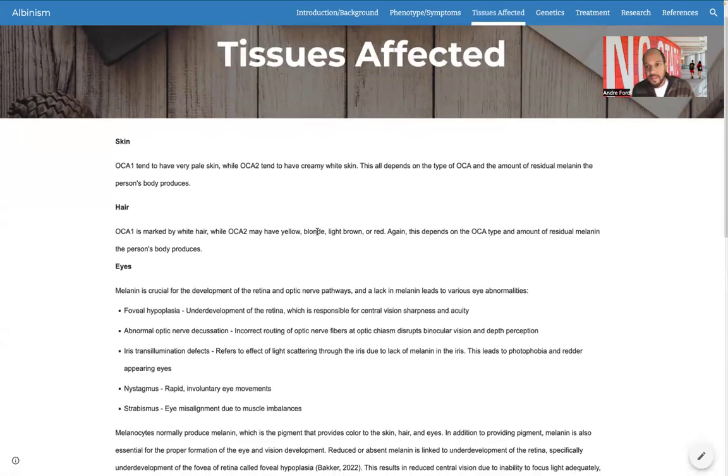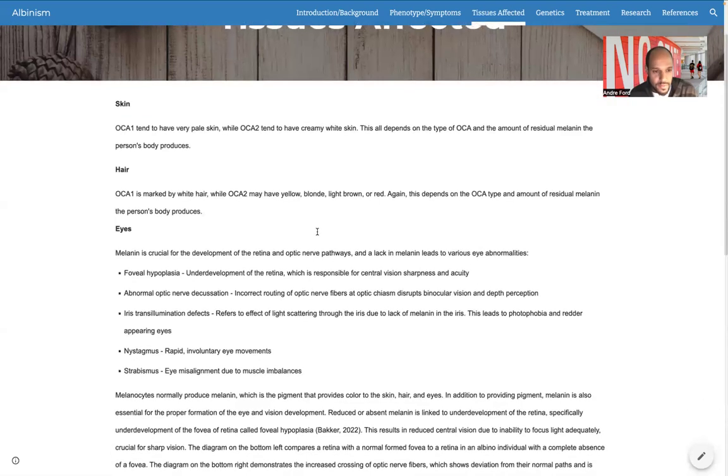The tissues affected, I've been kind of talking about, so I went briefly over the skin and the hair, but really OCA1 is characterized by very pale skin, and OCA2 is a creamy white skin.